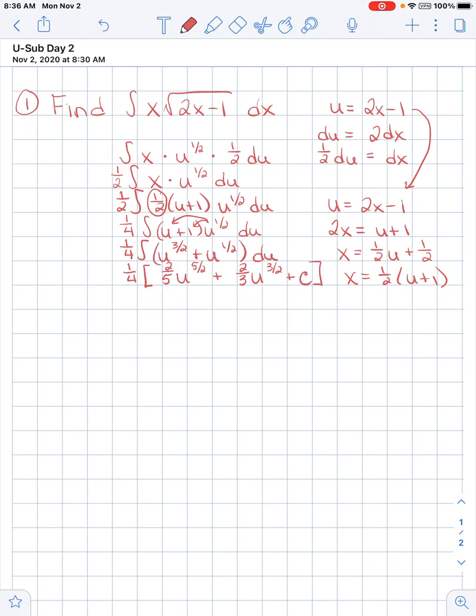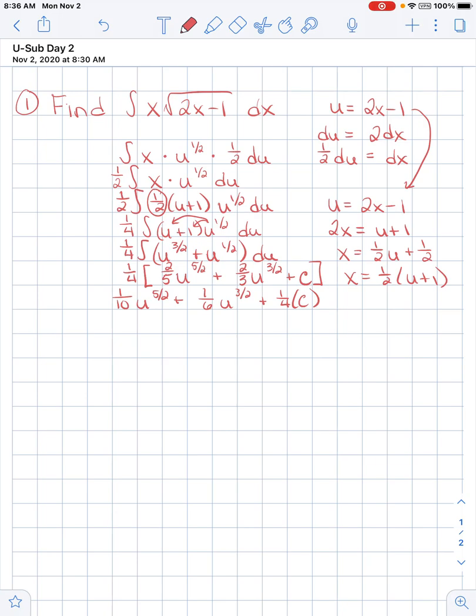If I distribute the 1/4, I end up with 1/10 u to the 5/2 plus 1/6 u to the 3/2, and then 1/4 times a constant will still be a constant.